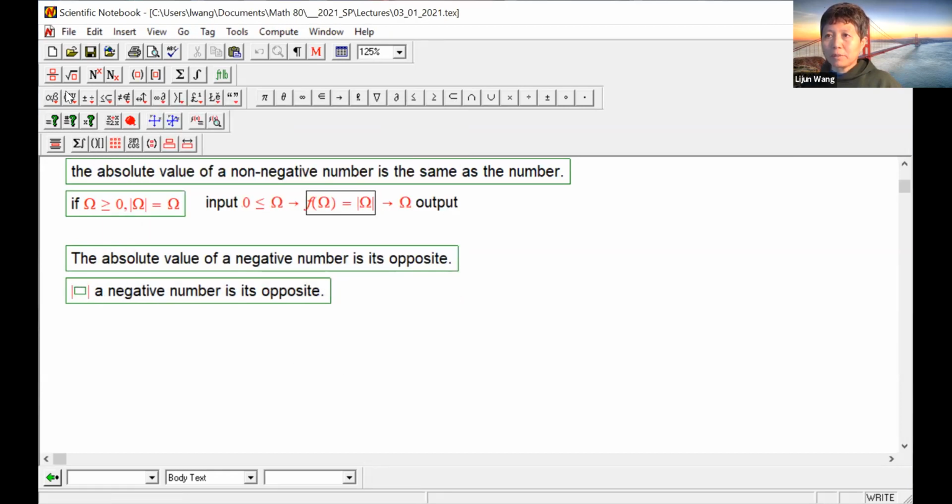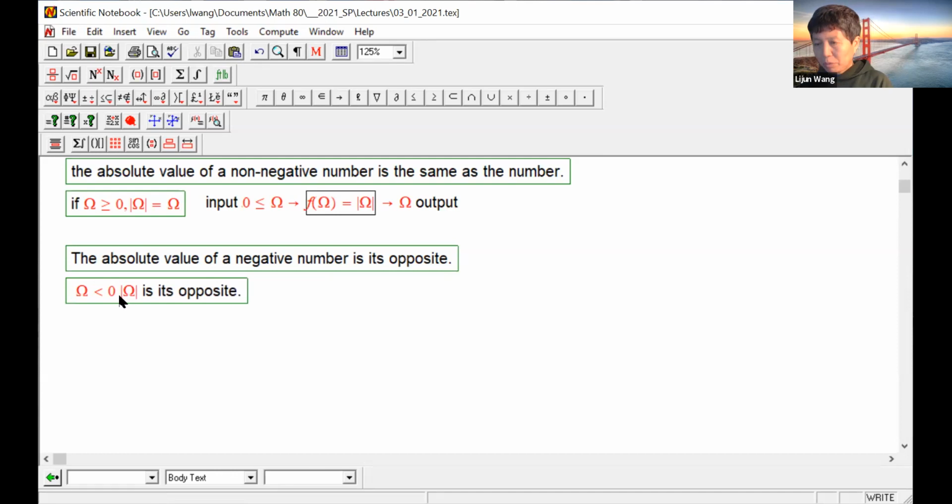So we're going to have a number inside the absolute value, but it's a negative number. How do we tell the reader omega is a negative number? We tell the reader omega is negative, less than 0. So we switch places and put it here.